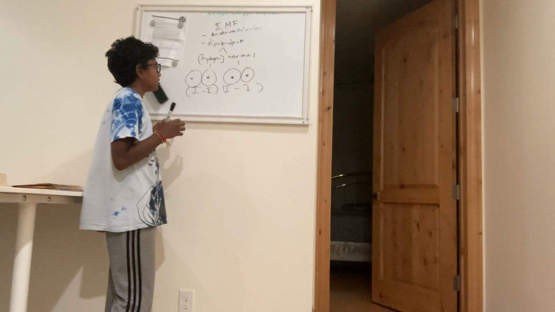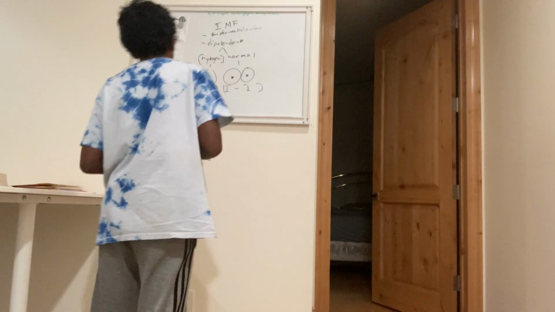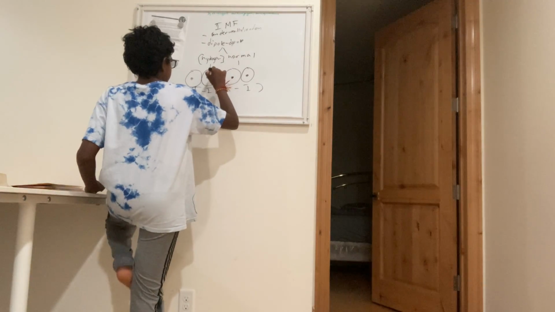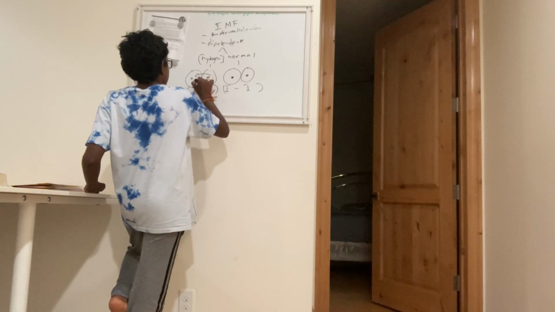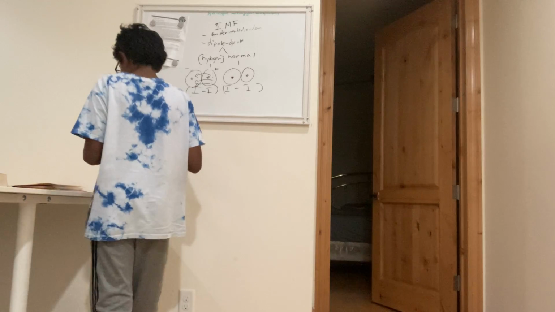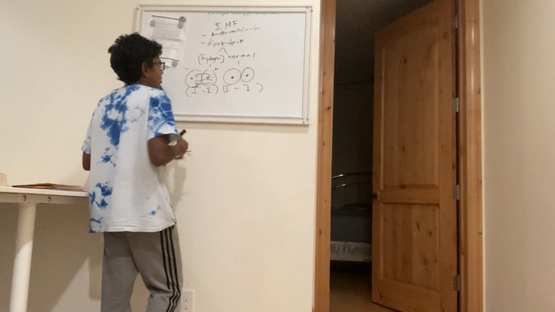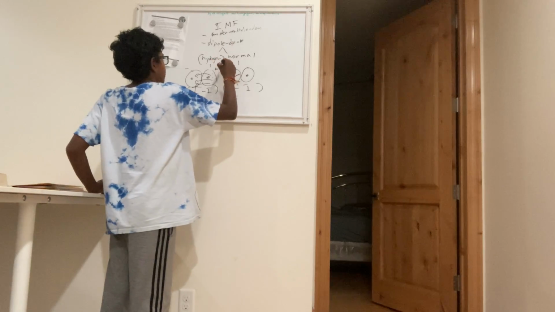At some point, there's a probability that most of the electrons will go to this side. There's a probability that this could happen. So then this side will become negative, and this side will become partially positive. At that moment, this will bond to this.